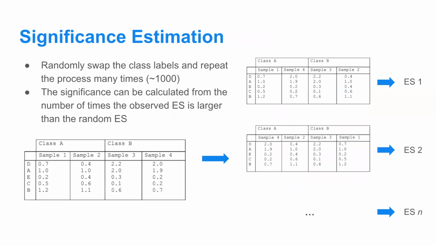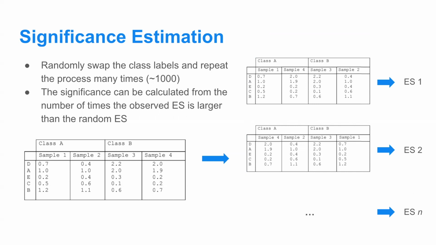So I mentioned that if your plot is pretty close to 0, you don't have really any significant enrichment, but you can actually specifically estimate the significance using the GSEA algorithm instead of just eyeballing it.